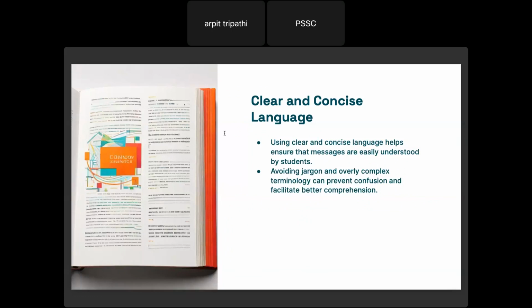Non-verbal communication plays a very significant role in students' learning and experiences. For teachers, understanding its importance can greatly enhance their effectiveness in the classroom.